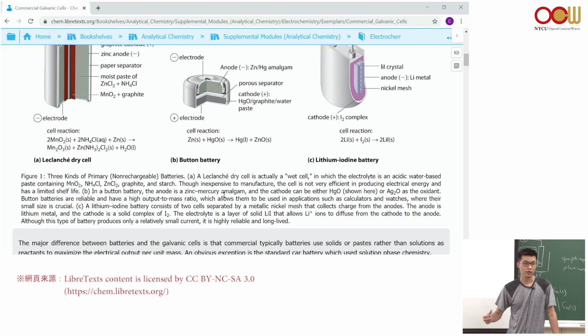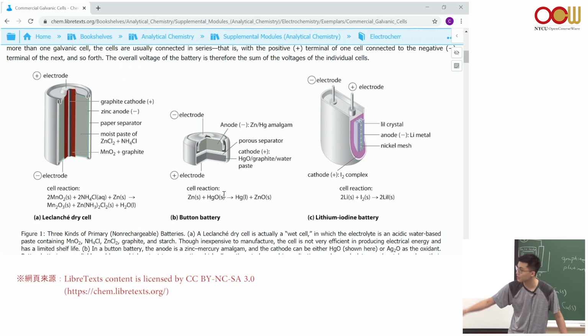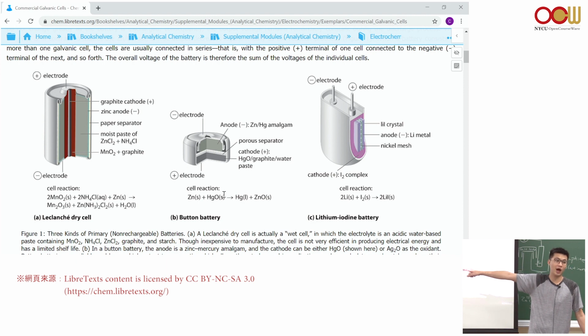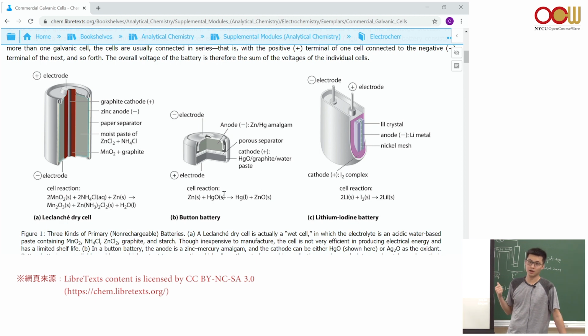If you are using a lot of inefficient devices like these small batteries, you will need a lot of batteries to support your car. So nowadays people are looking for high power density batteries. That means they want them to be smaller and lighter, but hold a lot more usable electrons, right?